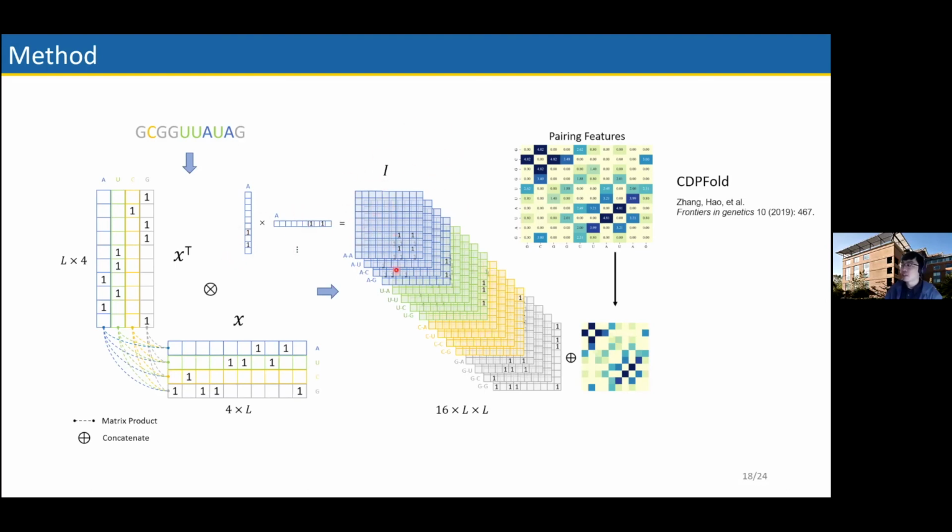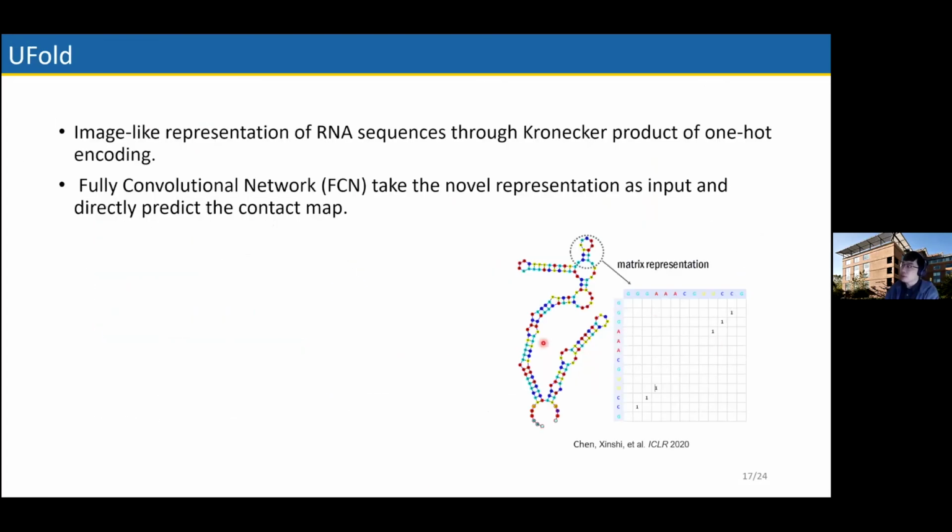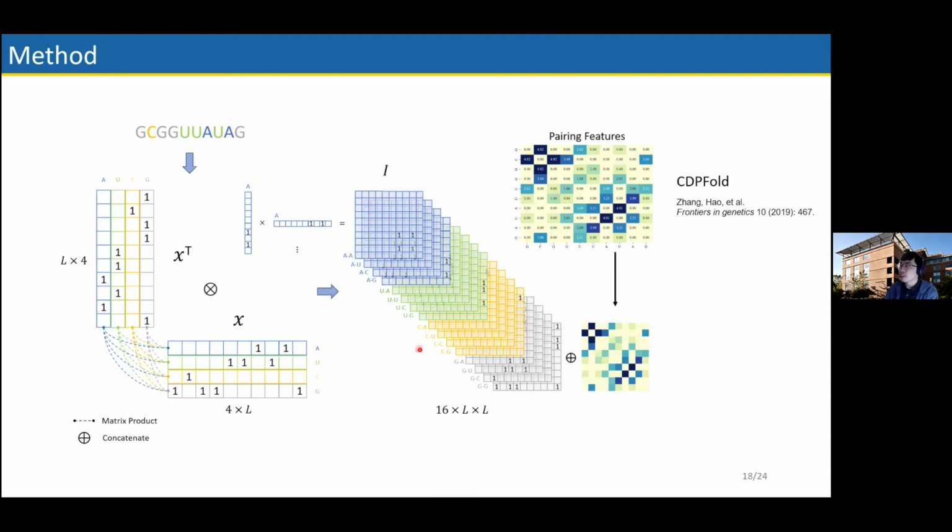This map is symmetric and has the same size as our final contact map prediction. If you remember this contact map, this representation is very coherent with that contact map also. And we generate channels for all the possible base pairing situations, which is 16.